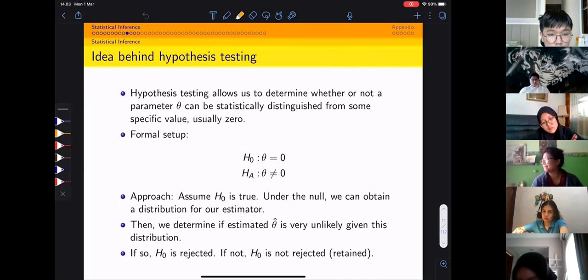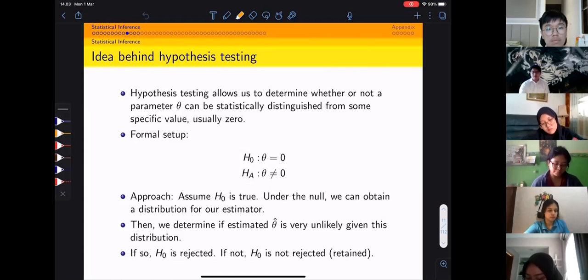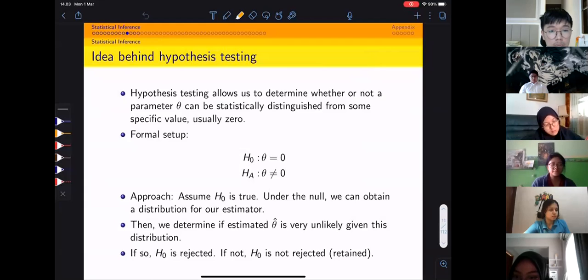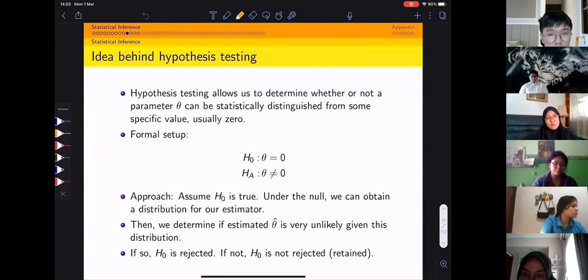Or, for example, do extra expenditures on children improve performance in school? That's another line of questions we're interested in. To say whether a particular variable is really correlated with, or has a particular effect on, the outcome variable, supported by the data, we need to do hypothesis testing.